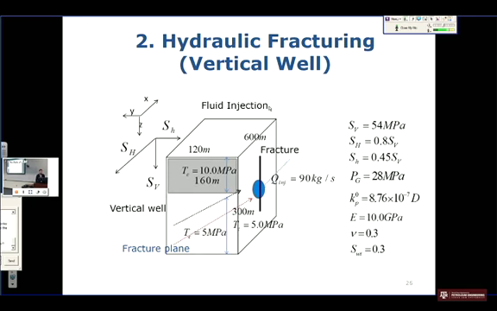The second example is hydraulic fracturing for the vertical well. There is the vertical well, and we inject water at 90 kilograms per second.